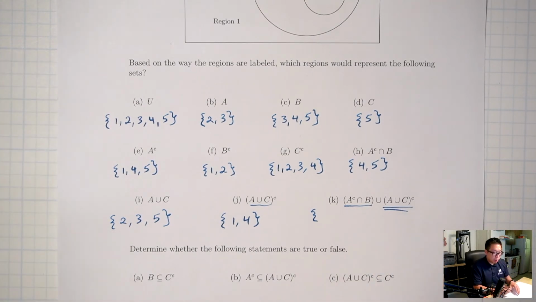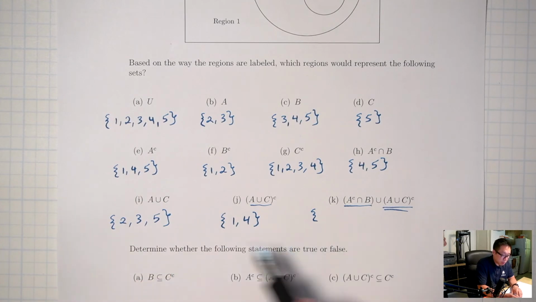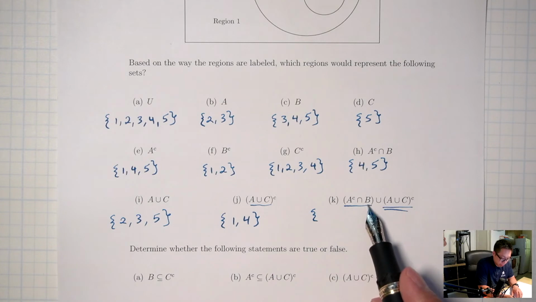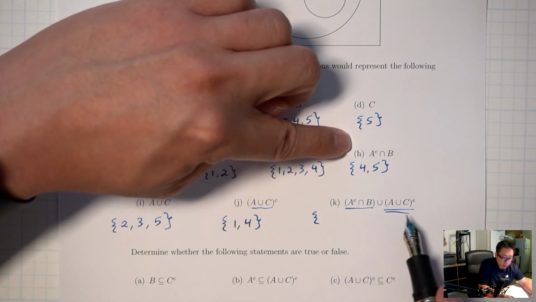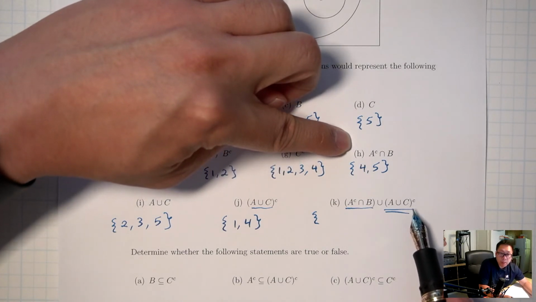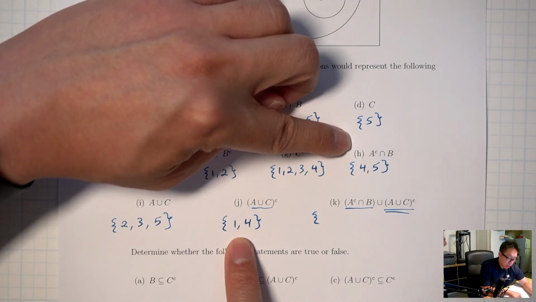The set on the left you should have already done somewhere above. So where's A complement intersect B? That's part H. And then the set on the right, A union C complement. So where is that? That's part J.